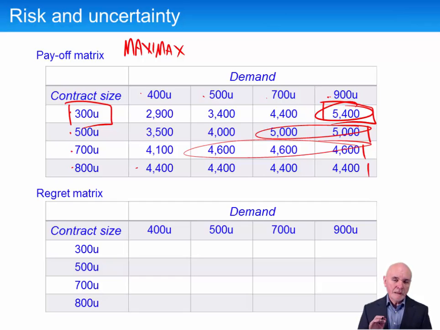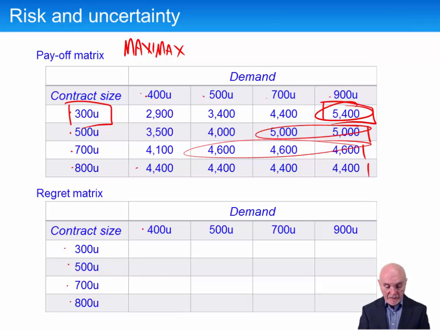What you have to look at here is not to say that the person has made a particular decision, but say that there is a particular outcome, that 400 people come along, or there's demand for 400 units, and you're looking back and saying, right, given that there's demand of 400 units, did I happen to do the best thing? So if there was demand for 400 units, the best we could have done was to have signed up an order for 800.